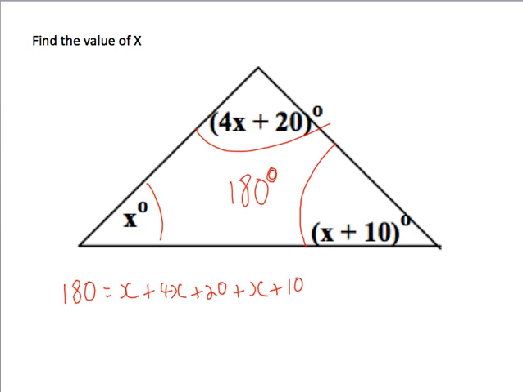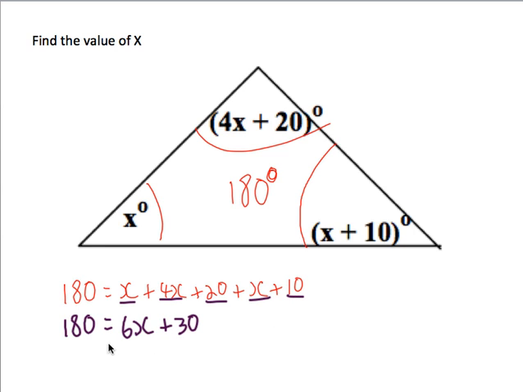And again, I use the same steps. I'm going to combine all my x's together. I've got 4 x's and 1x, so in total that's 6 lots of x. And then I add my numbers together, 20 and 10, so 6x plus 30.